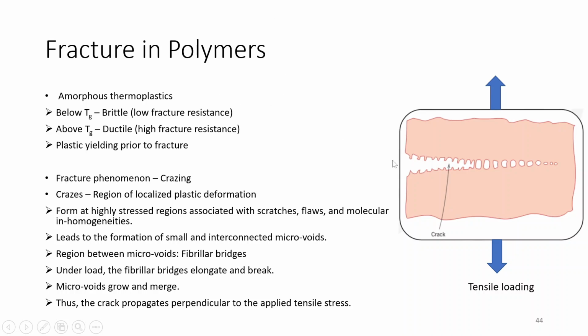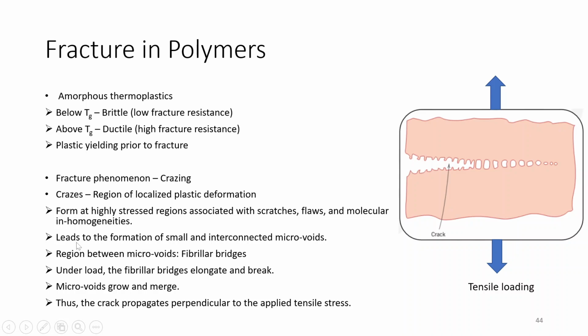So this material acts like a lot of dog bone shaped tensile samples that are breaking one by one in this particular direction, as you are loading your material in this way.